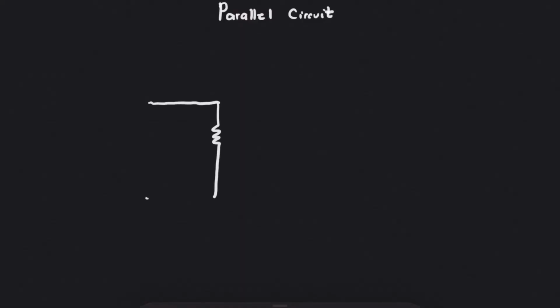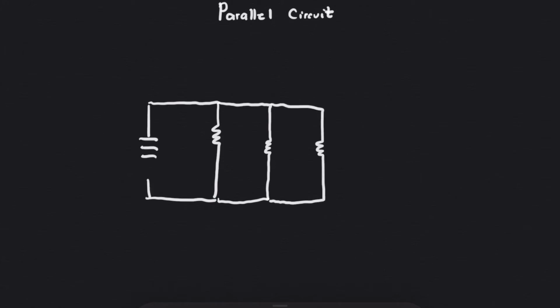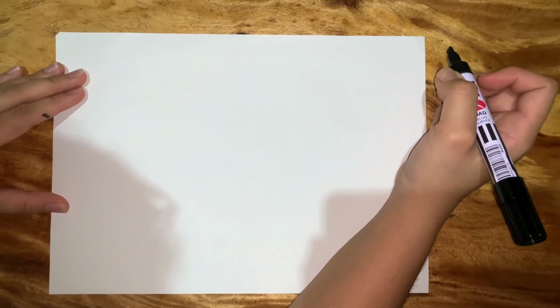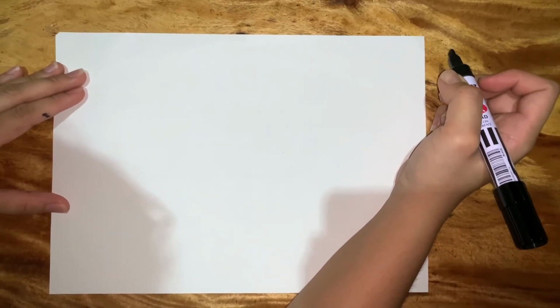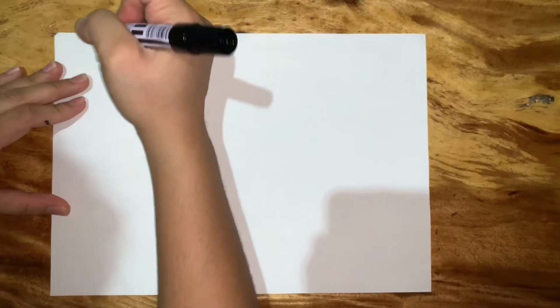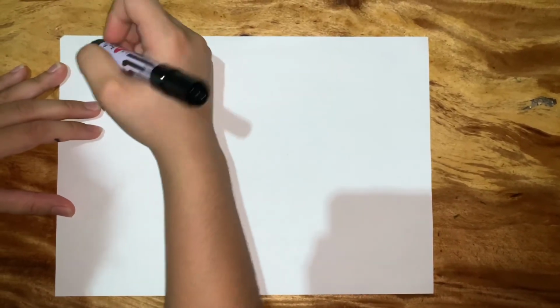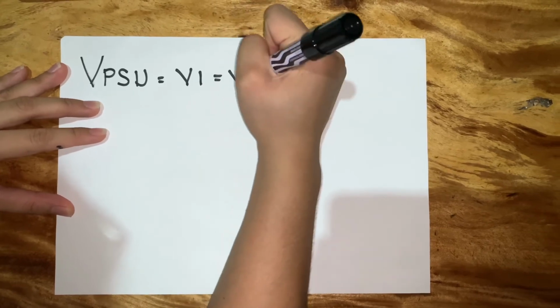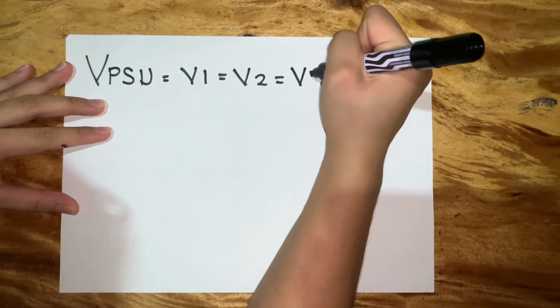Next, I am going to show you an illustration of what a parallel circuit looks like. In this parallel circuit, the voltage of each resistor is equal to the voltage across the PSU, where the voltage would remain constant and equal. So V PSU equals V1 equals V2 equals V3.